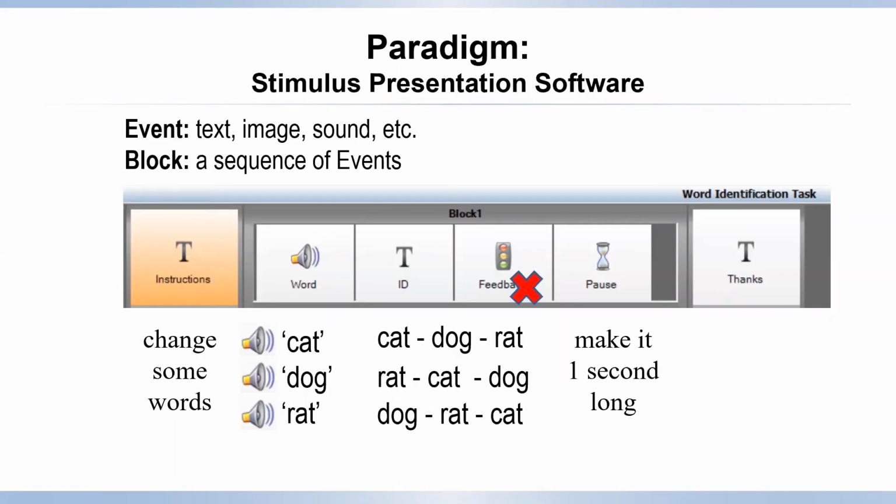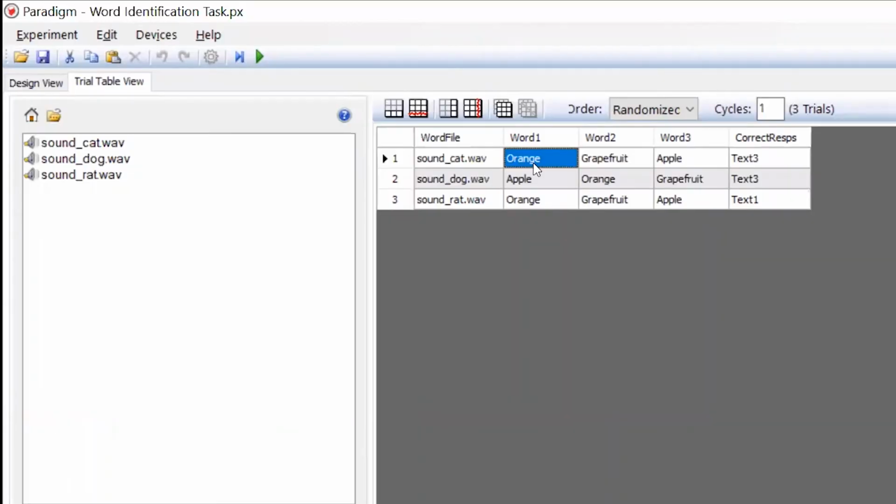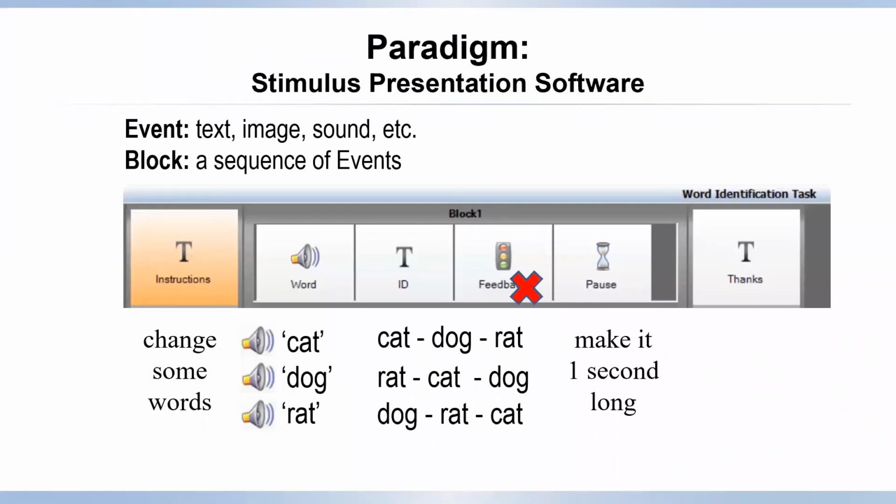For the first trial, if we want the 3 words to be cat, dog, and rat, we can type in this table to change the text. Similarly, we can specify the options for the other trials.